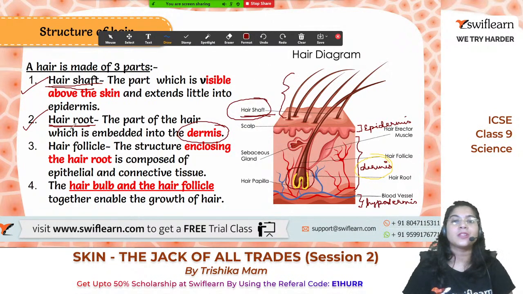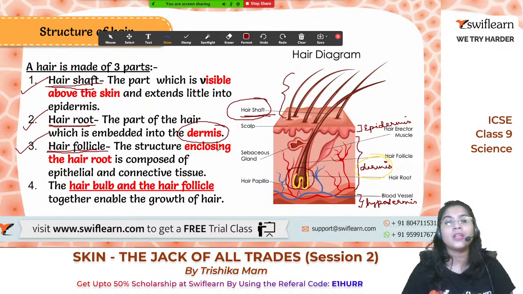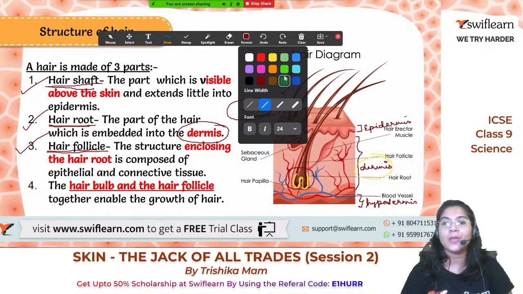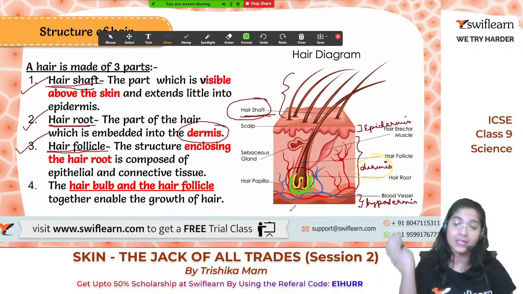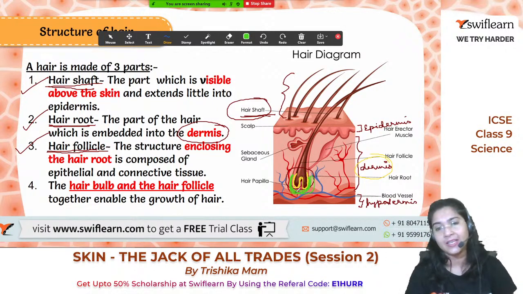Now coming to the third one. Third is the hair follicle. The hair follicle is the structure enclosing the root of the hair. ओके, ये अगर हेयर रूट होगा तो मैं दिखा रही हूं with another colored pen, with green color. ये जो cup like structure है ना, where the root of the hair is embedded, this structure is known as the hair follicle.